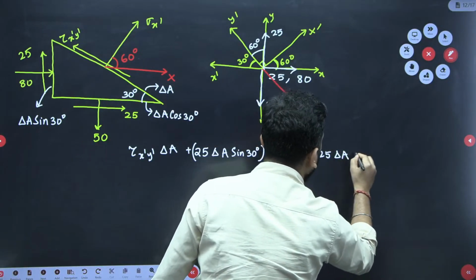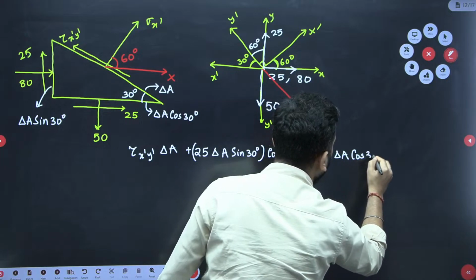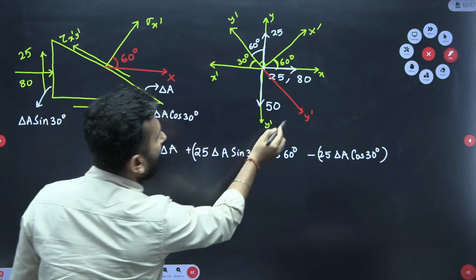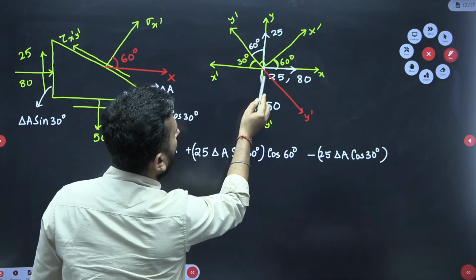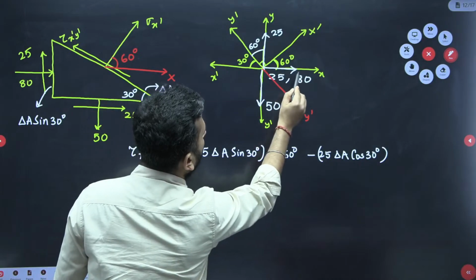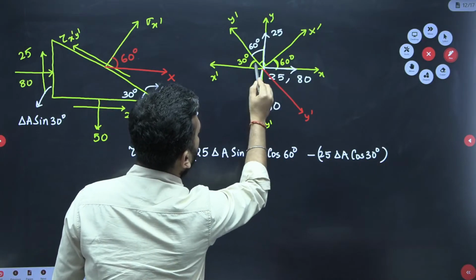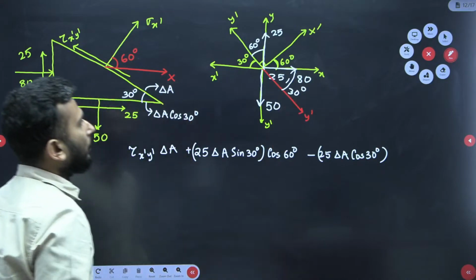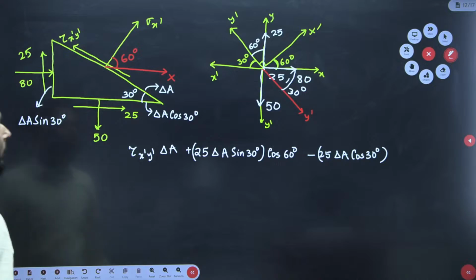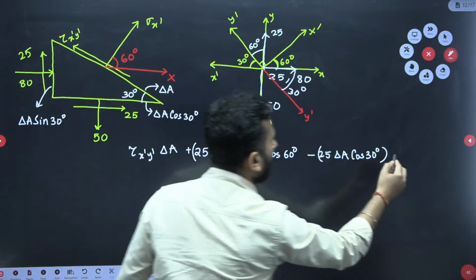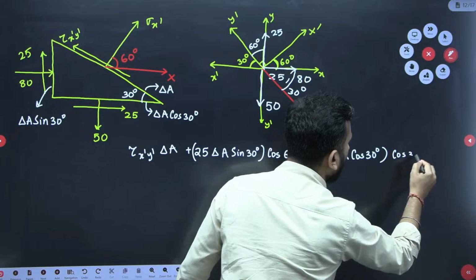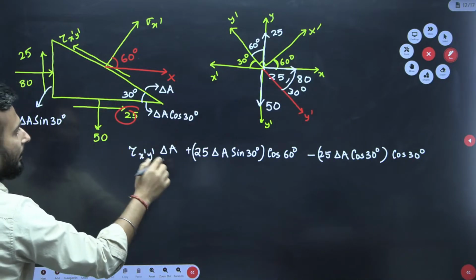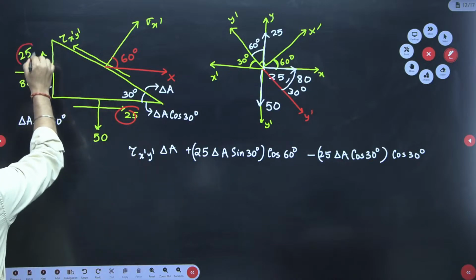Delta A cos 30. And what is the component? You have to take in the direction of y dash. So this is 30, so this angle is also 30. Yes or no? This angle is also 30. So minus 25 cos 30 done. Both the 25 I have taken.